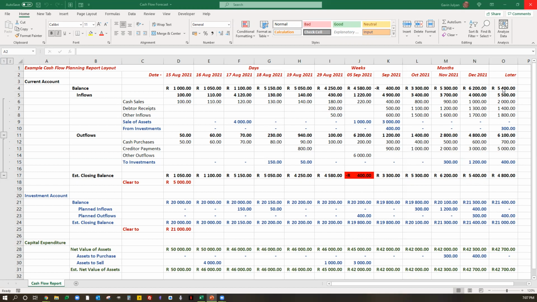Now, this date moves. Every time we go into this thing, the first date on the left here, that date will be today's date. So this report, it's incredibly important that you look at this on a daily basis, every single day.